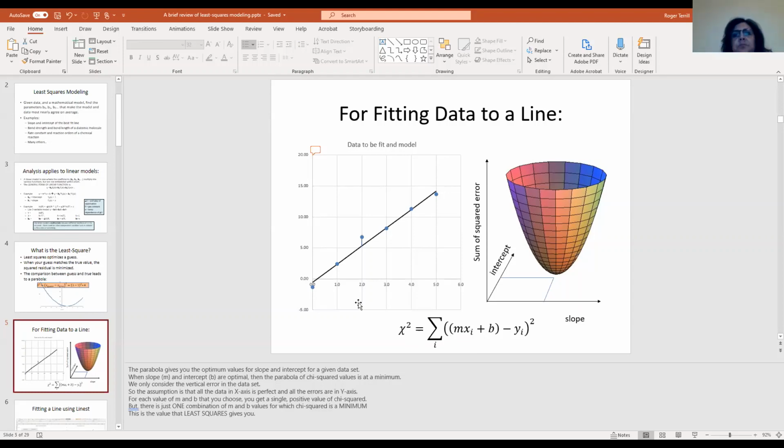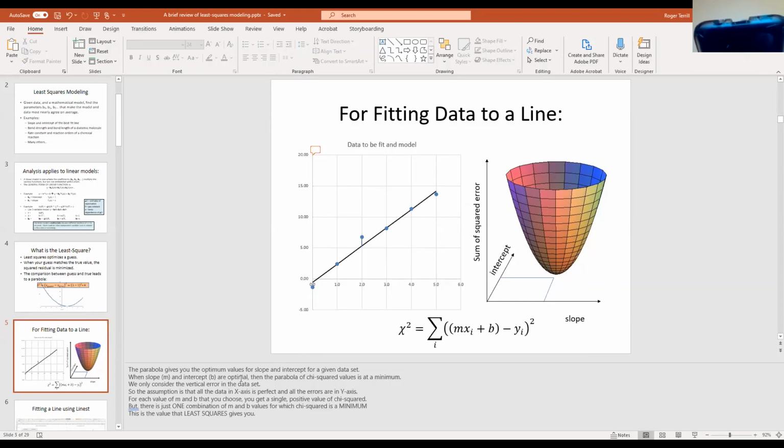And chi-squared is the sum of the predicted y value, that's the y value that would fall on the line, minus the actual y data point value, and it's the sum of the squares of those residuals. That vertical displacement between the model and the data point is called a residual. So chi-squared is the sum of the squared residuals.